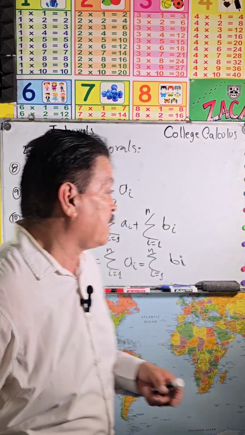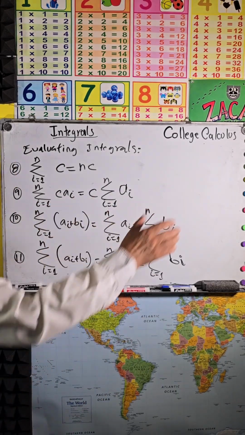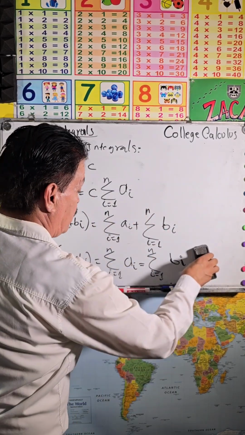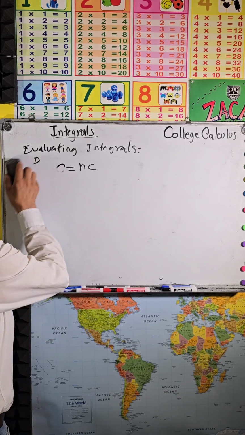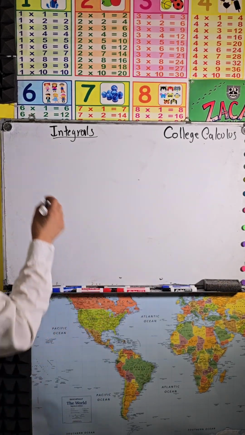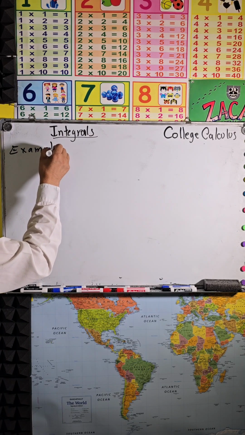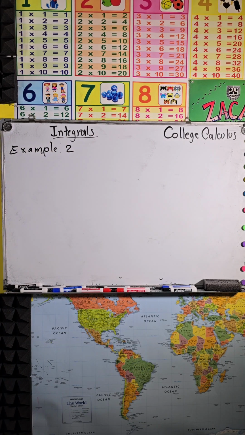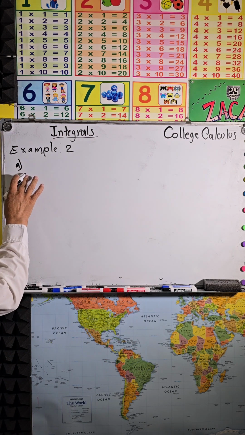So let's see example number 2. The first example was only for expressing the variables. Now we are going to use some of these formulas to solve example number 2. Let me write the problem.